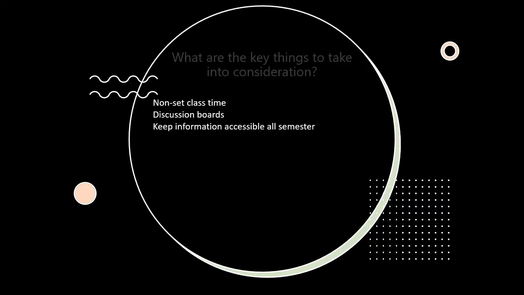What are key things to take into consideration? Well, obviously in the written part of this assignment 4, I go into more detail about this, but a non-set class time is super important to the format I'm using. One of the things in the hypothetical situation was that this class would be available to anyone, anywhere.